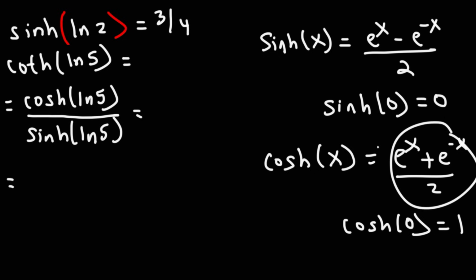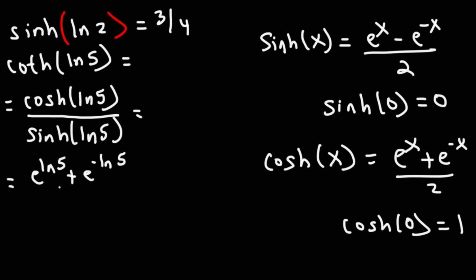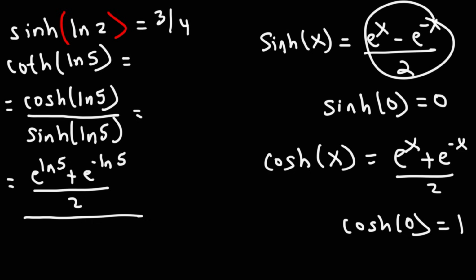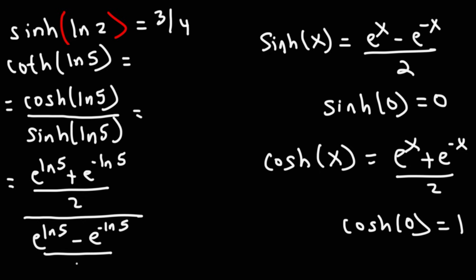Here we have cosine, so this is going to be e to the ln 5 plus e to the negative ln 5 divided by 2. And then for hyperbolic sine of ln 5, we're going to use this formula. So it's e to the ln 5 minus e to the negative ln 5 over 2.